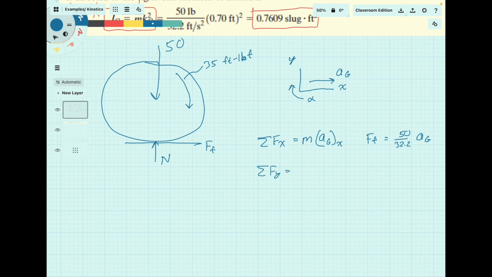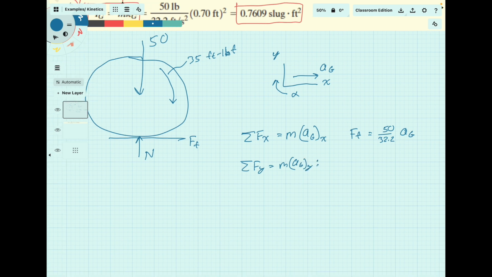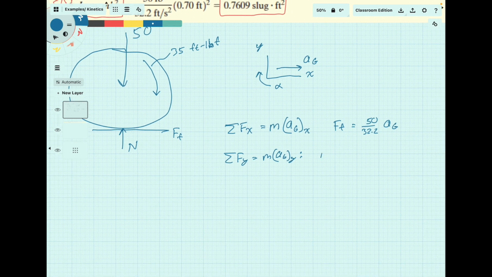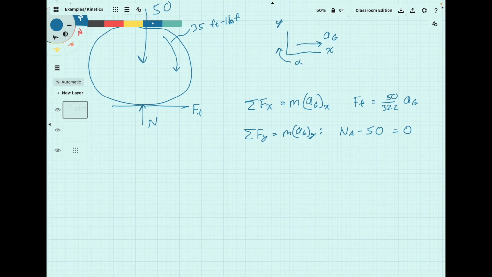Forces in the y direction: we'll just have our normal force minus the weight equals 0, so that tells us the normal force is just the weight.